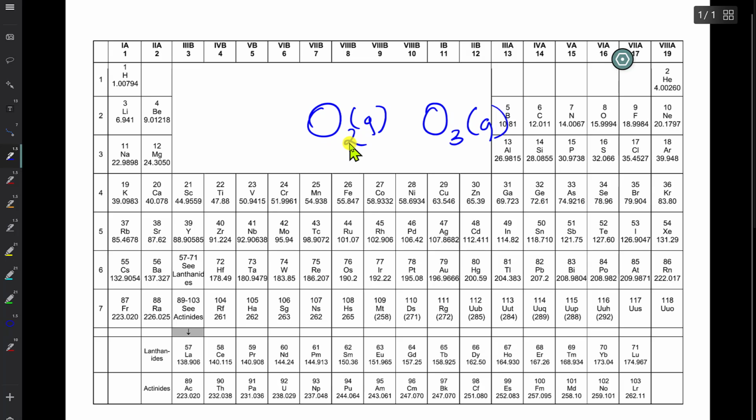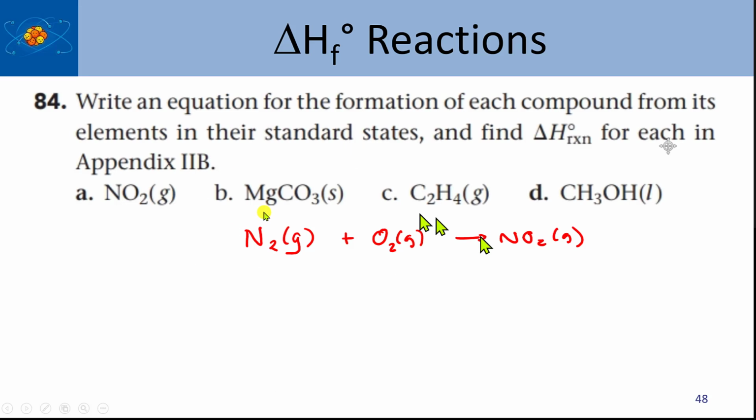So let's go back to this reaction. Now, this isn't quite the right reaction. I have to have it balanced, right? So to balance it, it really goes like that. So I'll have 2 nitrogens, and then I'll have to have 2 oxygens. And this would be the balanced equation, but the reference equation is per mole of substance.